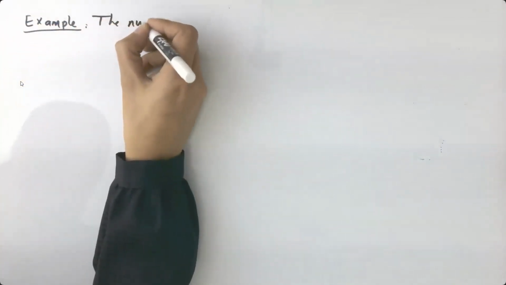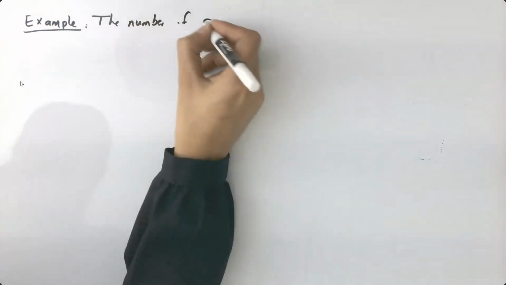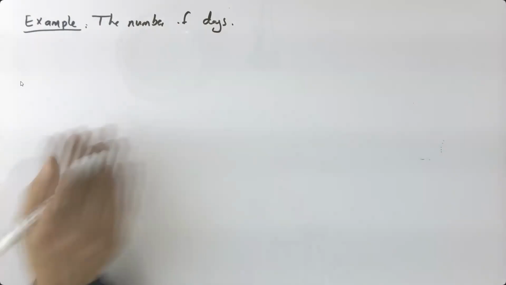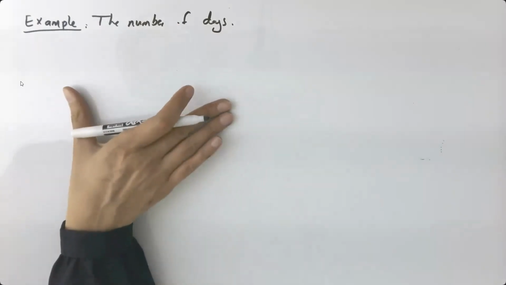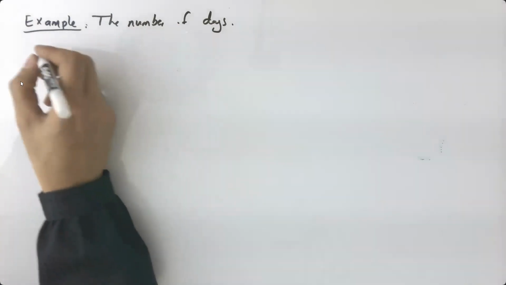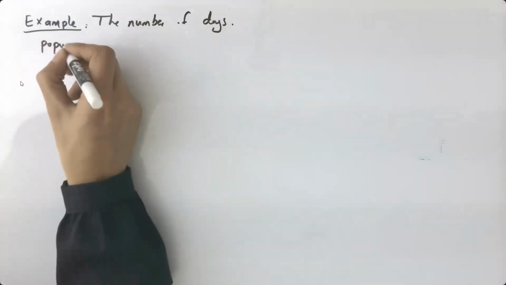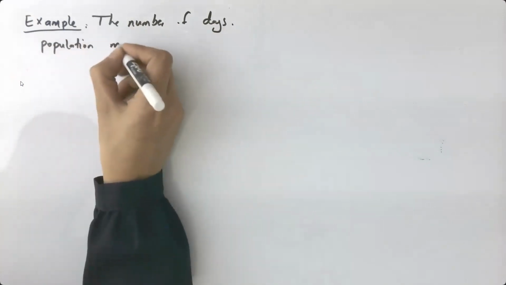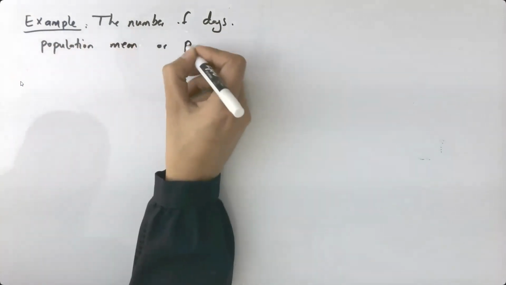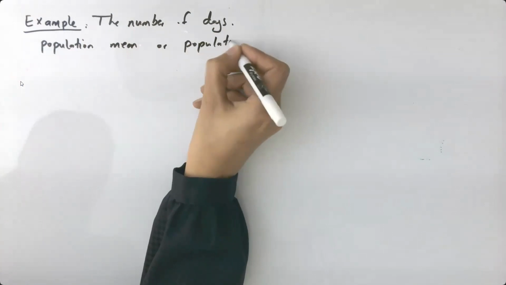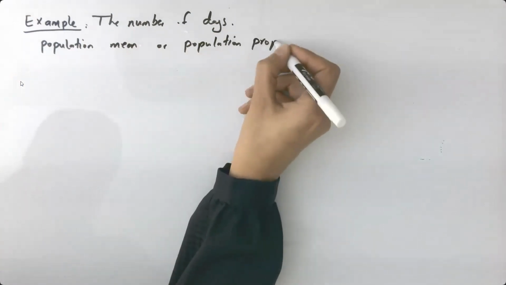The number of days. So the very first thing is, are we dealing with population mean or population proportion? Which one is that?